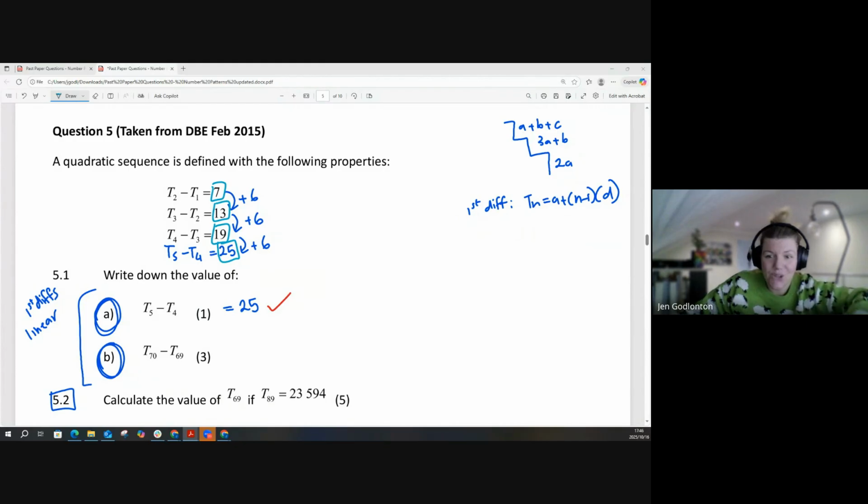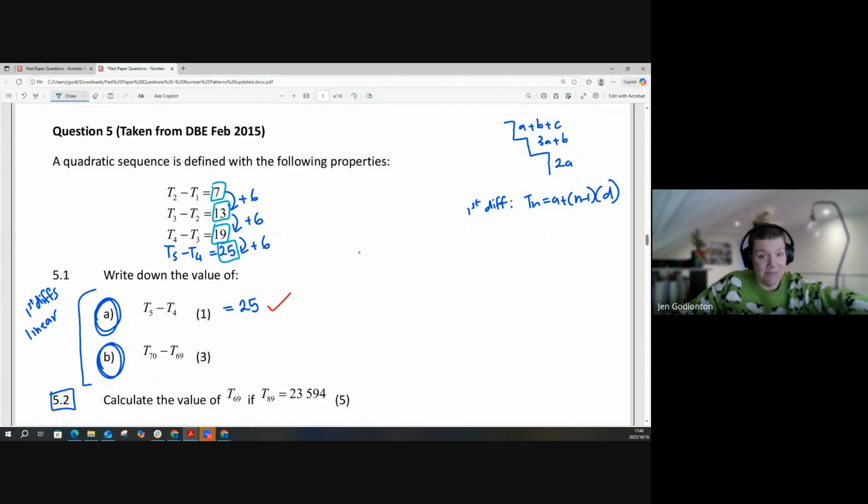Okay, let's have a look at 5.1b. I would start by drawing something out. This is my quadratic: term 1, term 2, term 3, term 4, term 5.